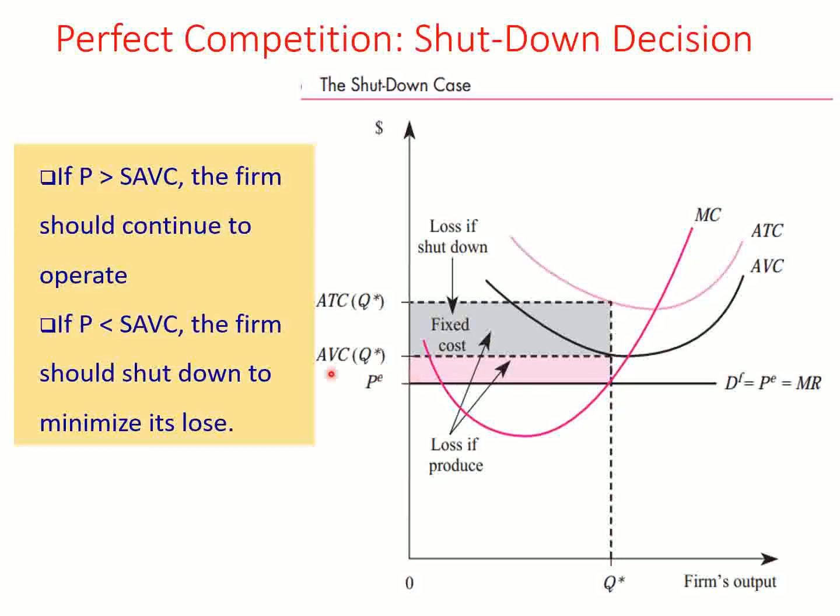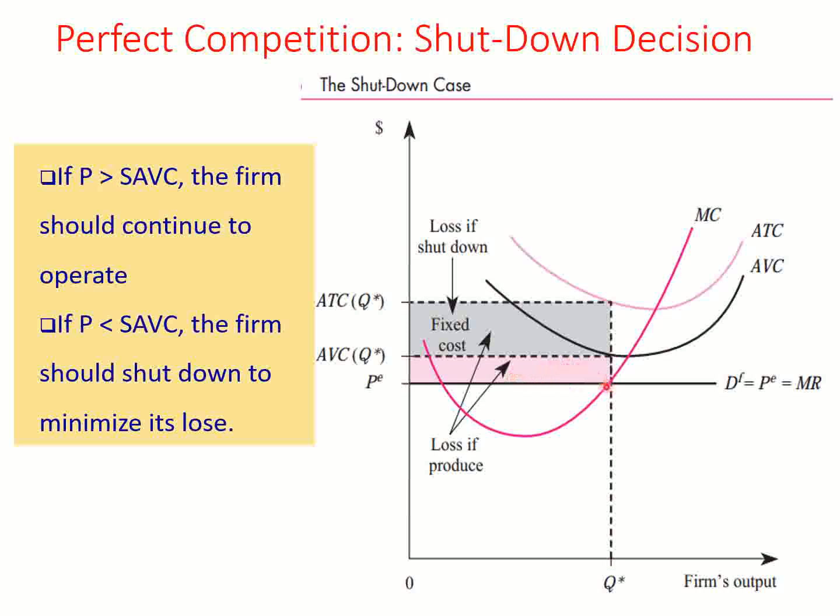Here is a graph of the shutdown decision. Look at this one. This is the marginal cost curve, and this is the marginal revenue in a perfectly competitive market, and this is the point where we can achieve maximum profit, or minimum loss in the case of loss.